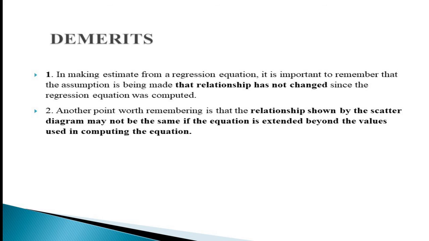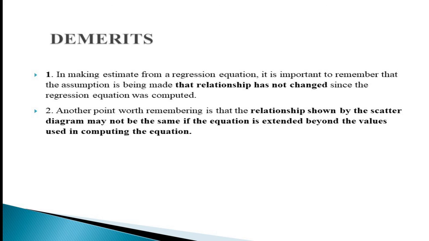But definitely it also has one or two demerits. The first demerit is the assumption it makes, that the relationship has not changed since the regression equation was computed. They make the assumption that the relationship is not changed, which may not be true, right? So that is the first demerit.